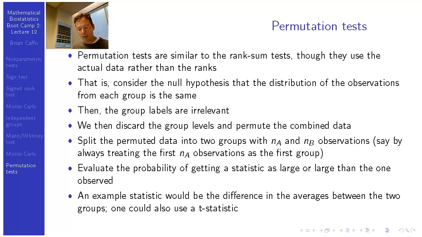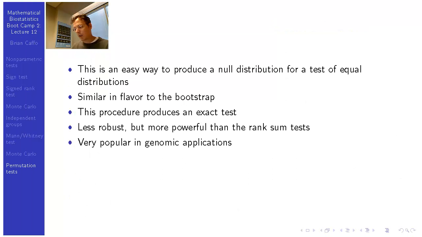In Fisher's exact test and the permutation test, we're permuting them across the actual observed values, and in the rank sum test, we're converting the data to ranks first and then permuting across the ranks.